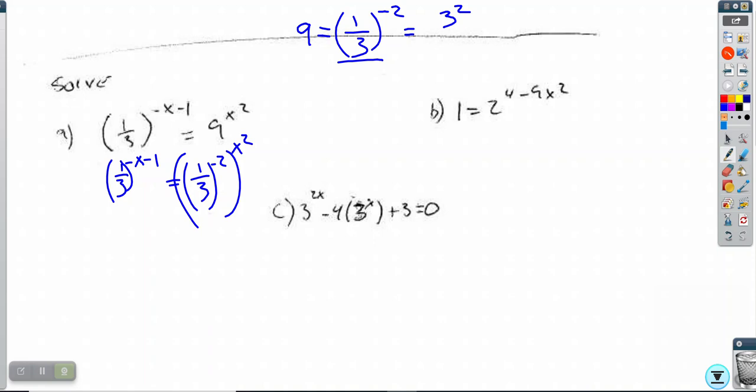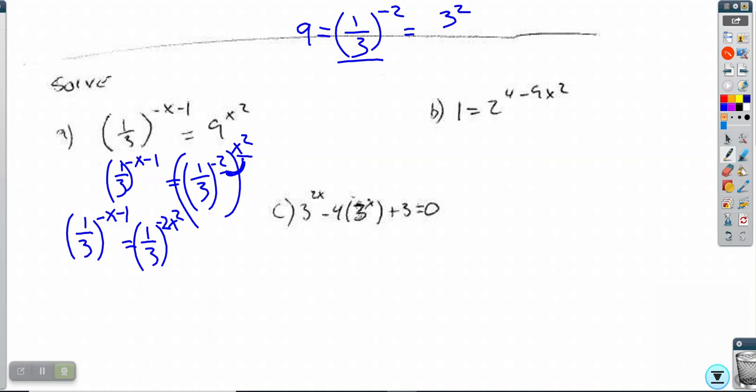Well, when we're taking a power to a power, we have to multiply. So that means we're going to end up with 1/3 to the negative x minus 1 power has to be equal to, remember, we're multiplying these together, 1/3 to the negative 2x squared power.